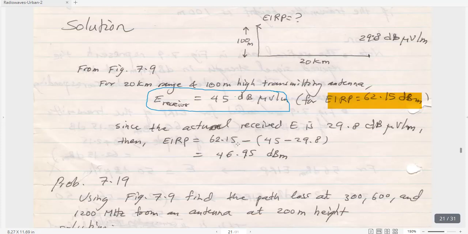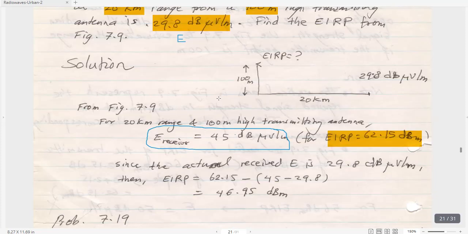It is 62.15 minus the difference between 45 and the received level. If the EIRP is 62.15 and our received power is lower by the difference, this means that our transmitter has a lower power and lower gain antenna.